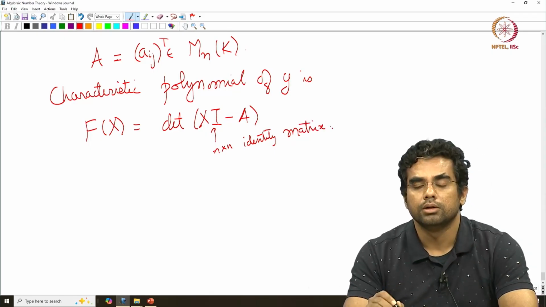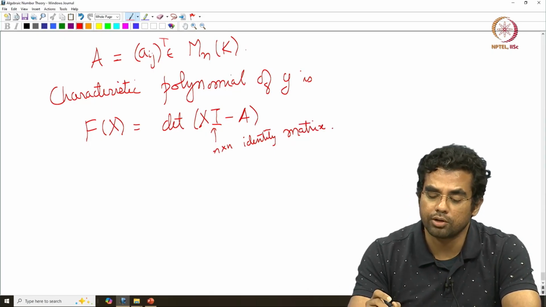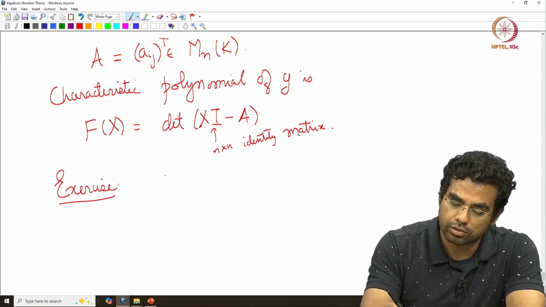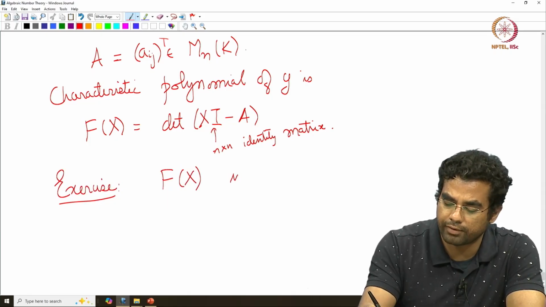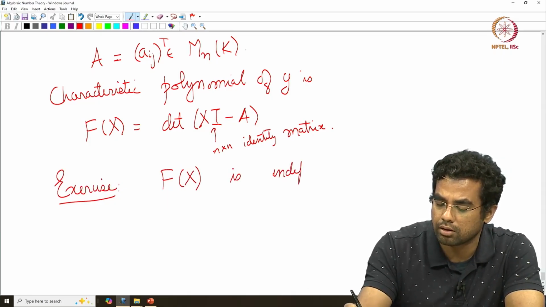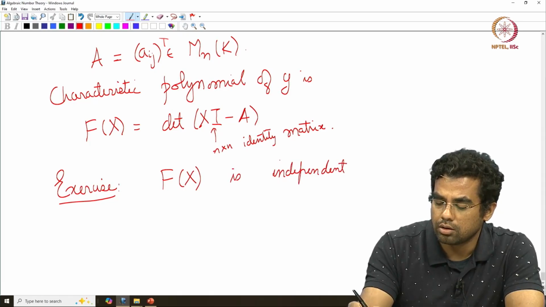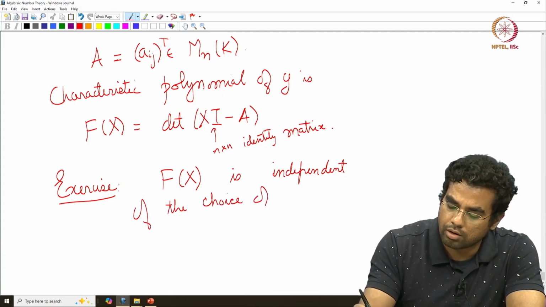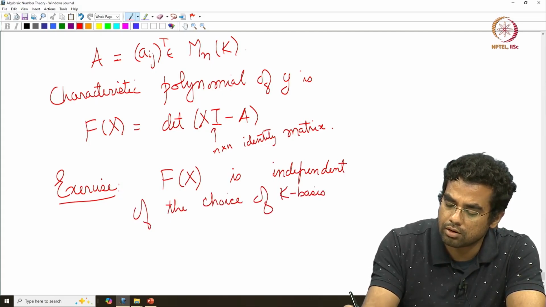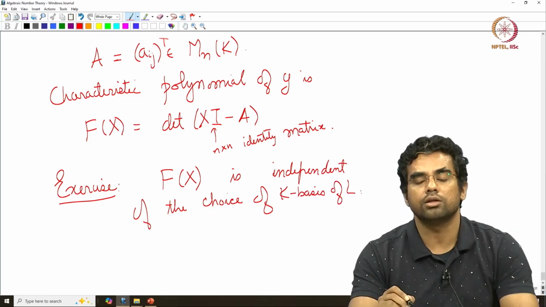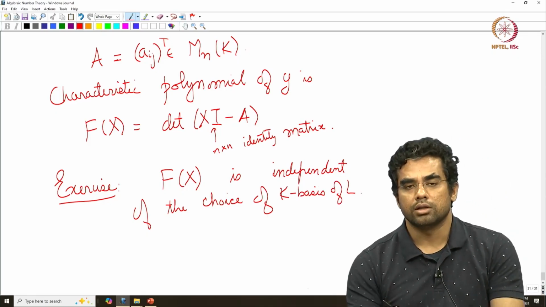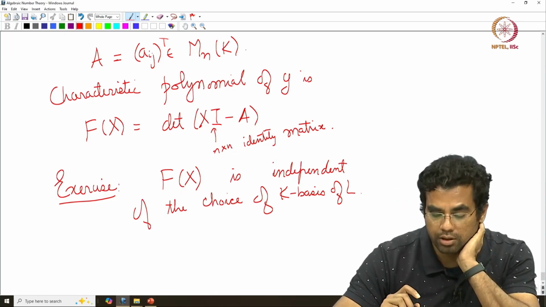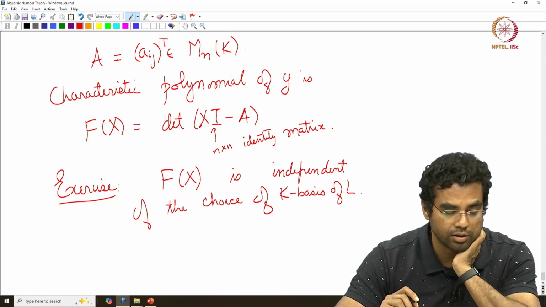And so, this is the usual sort of characteristic polynomial that we see in linear algebra. So, exercise is that f of x is independent of the choice of K basis of L. So, this is again something you must have seen in linear algebra, that the characteristic polynomial of a linear map is independent of the matrix representing it or the basis that you have chosen.